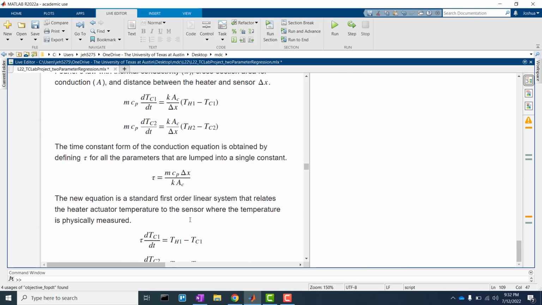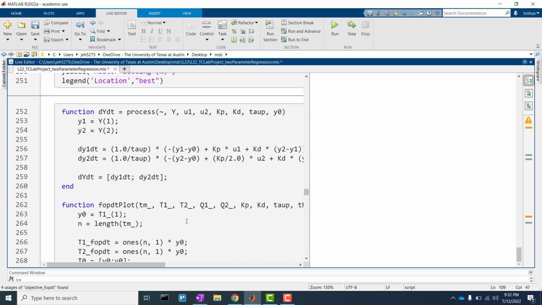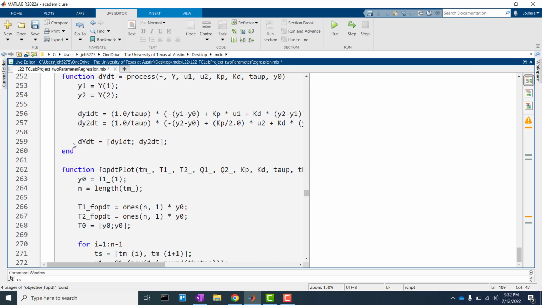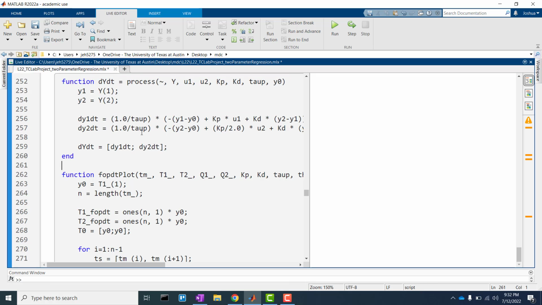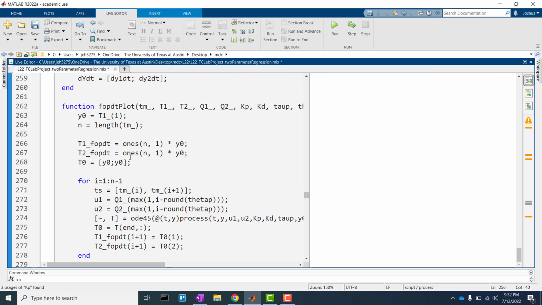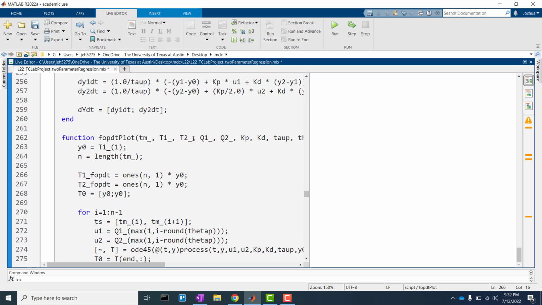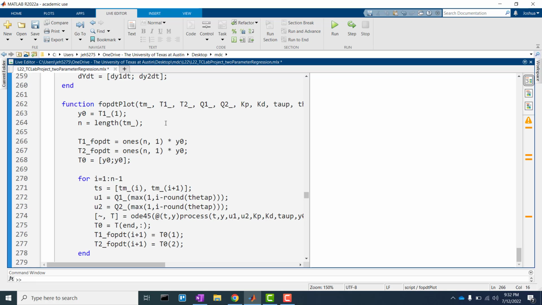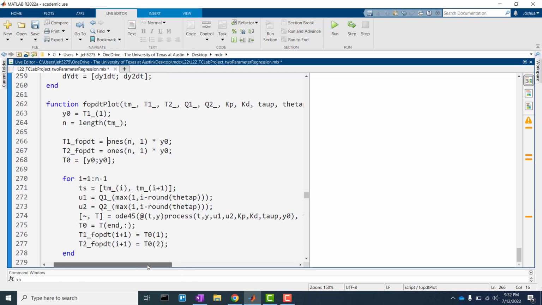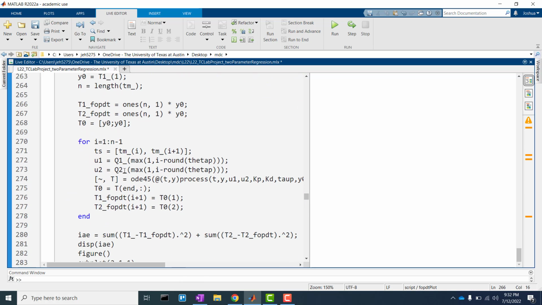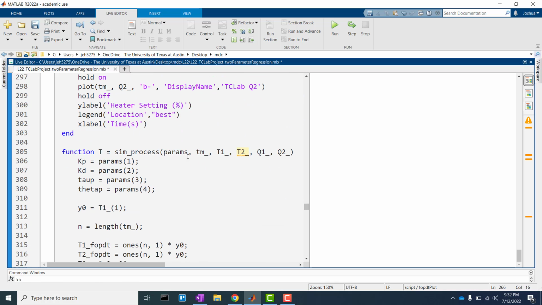Similar to the last time, our objective for our FOPDT is created down here, where first we have the derivative of the process, and that's in terms of the FOPDT equation. Then we have an FOPDT plot function, which is what we used for those sliders. It takes the FOPDT parameters as inputs, and it simulates the steps.